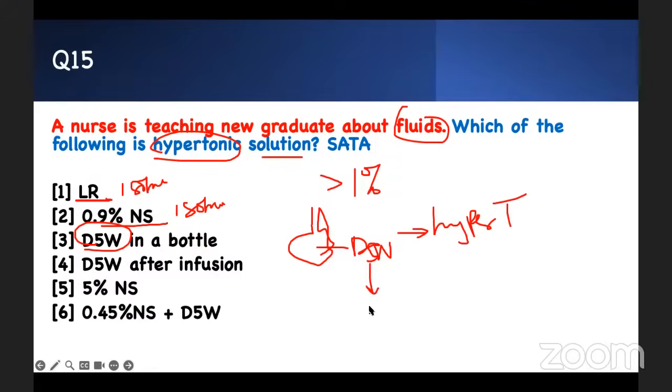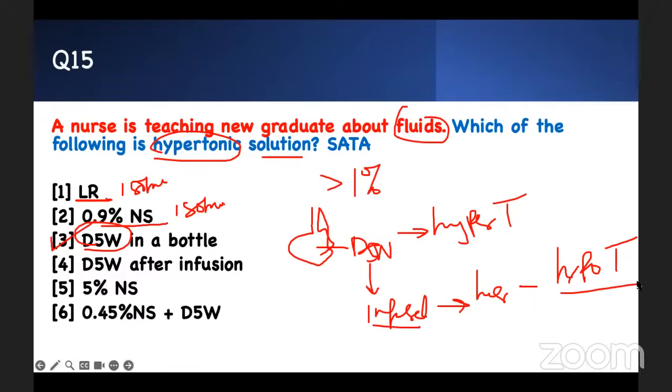If you infuse it in the individual, the liver will break it down. It becomes hypotonic. Don't forget that. So D5W in the bottle is hypertonic. After infusion it is hypotonic.